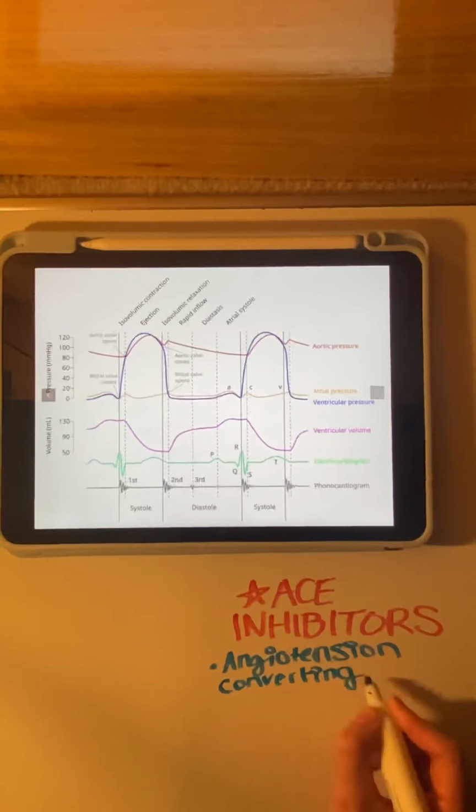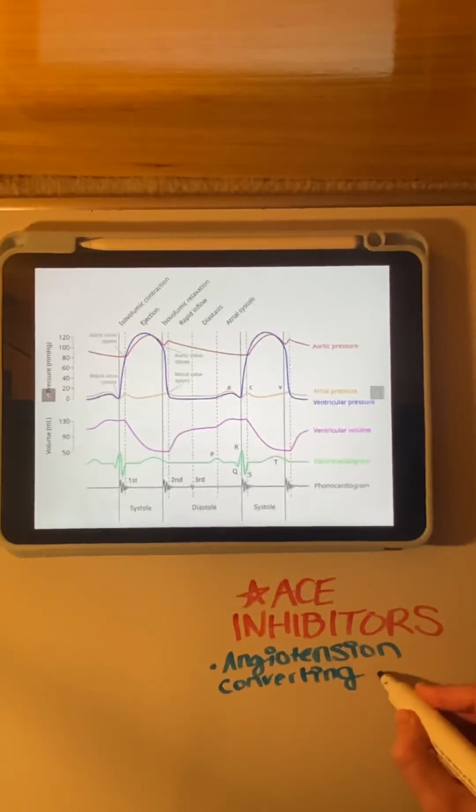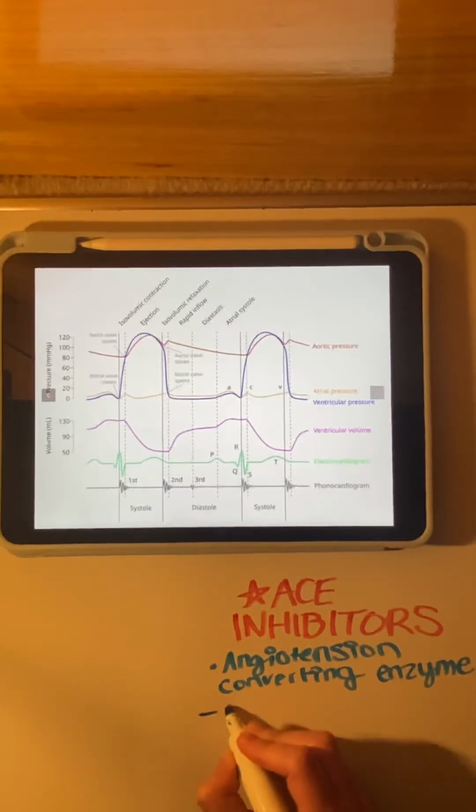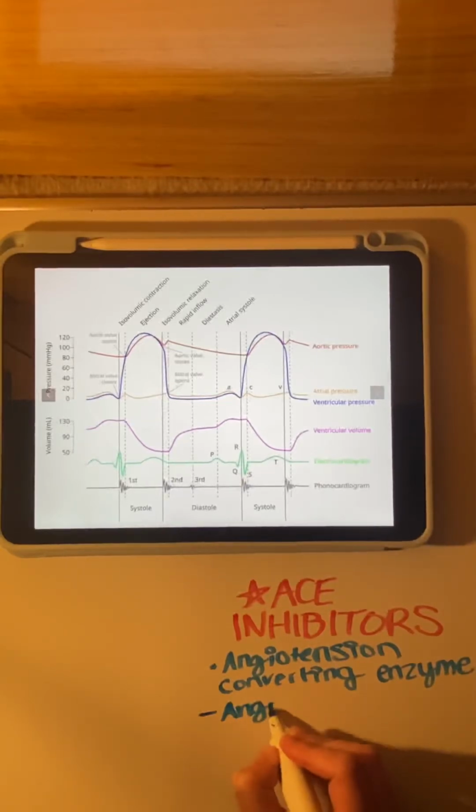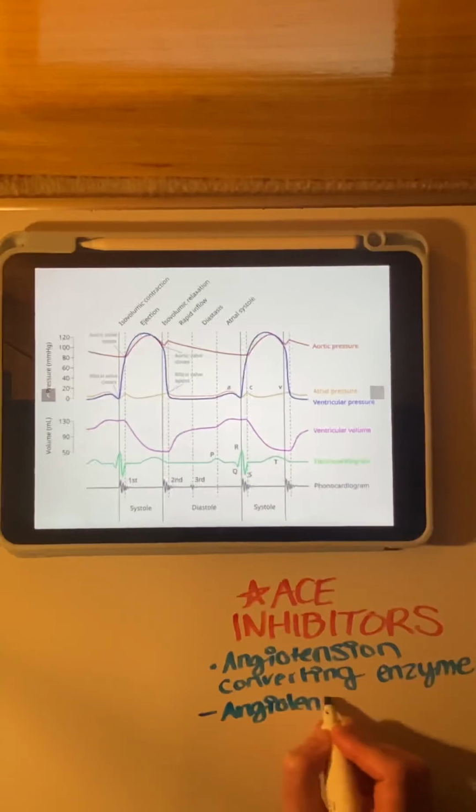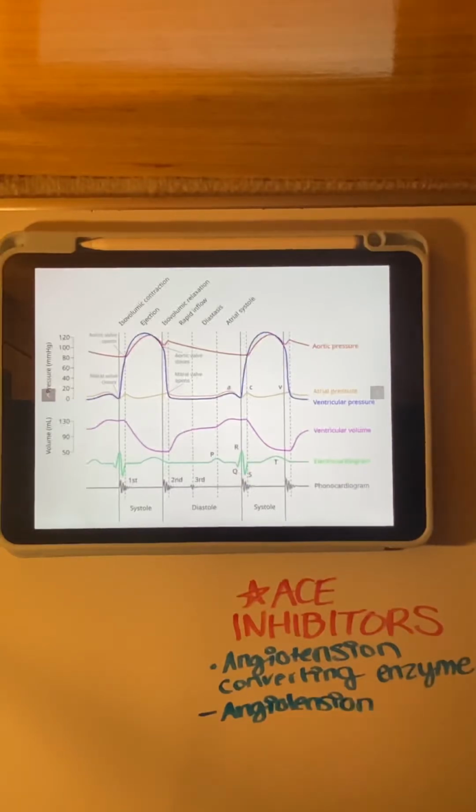But ACE stands for our angiotensin converting enzyme. And what our angiotensin converting enzyme does is it converts angiotensin 1 to angiotensin 2.